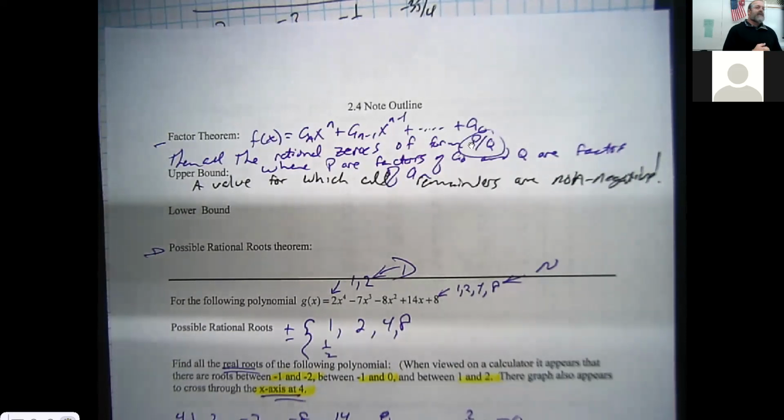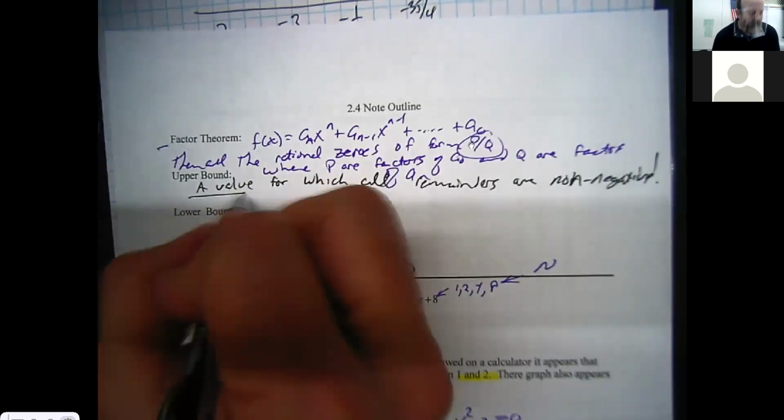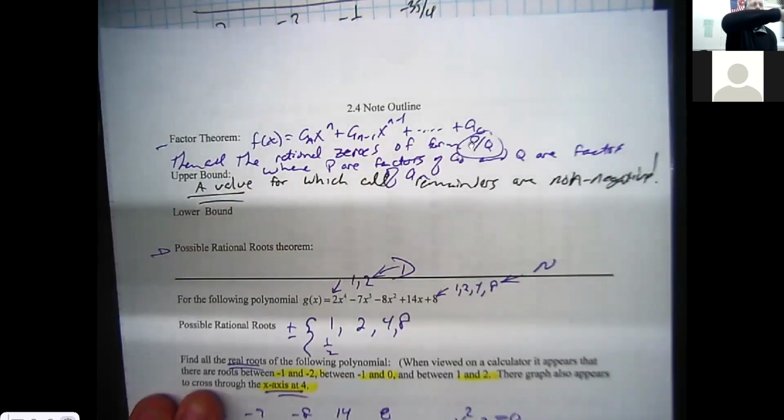Well, it turns out there's another way to do that, and it has to do with odds and evens from when we did something before, like one of the first units. Remember how f of negative x is negative f of x in an odd function? We could plug that in. The upper bound is where the signs are all the same, all positives or zeros.